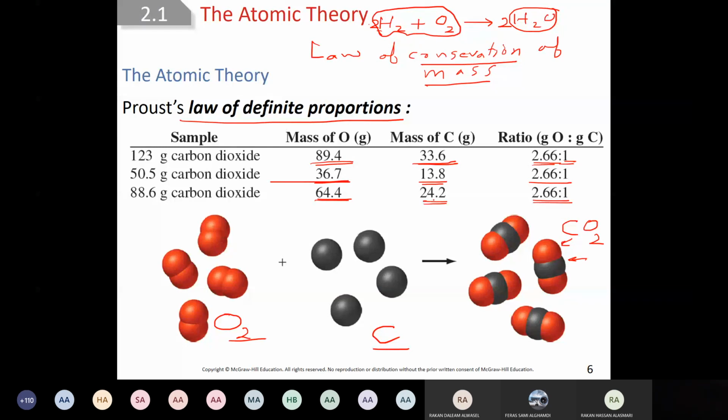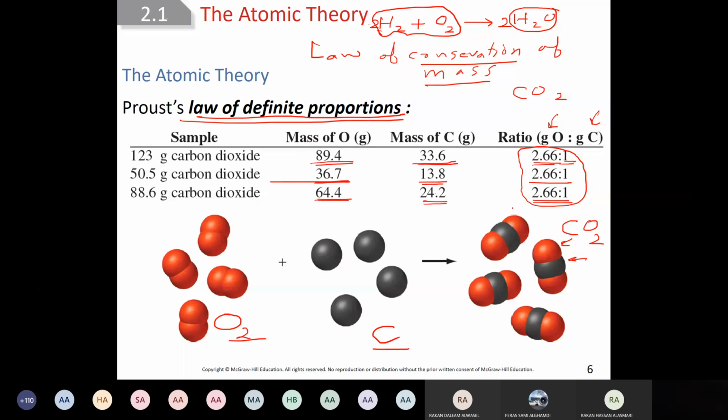I divide this number by this number, each time, and I got this ratio. What do you notice in this ratio? It's the same. So the ratio of oxygen to carbon in any CO2 compound is always the same, definite. That's the law of definite proportion.